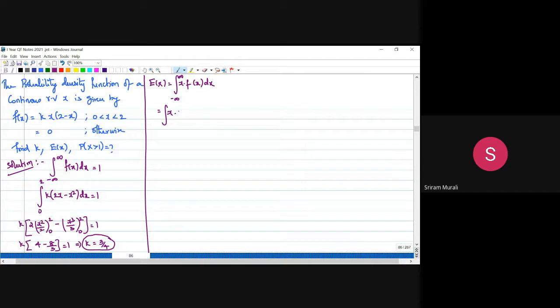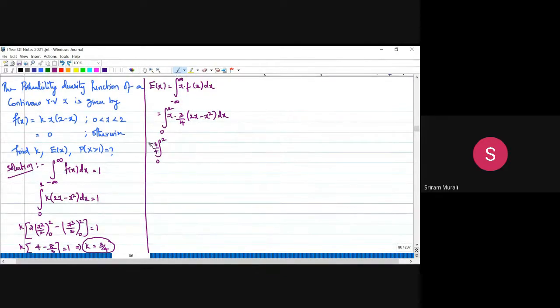What is f of x? K is already found, 3 by 4, into 2x minus x square, into dx over the limit 0 to 2. 3 by 4 is out of the integral. So this is 2 into x square minus x cube dx.